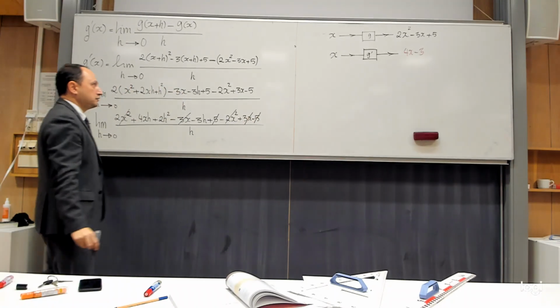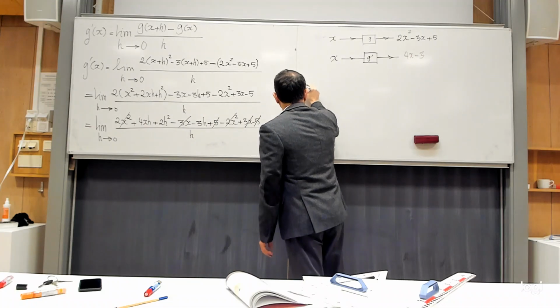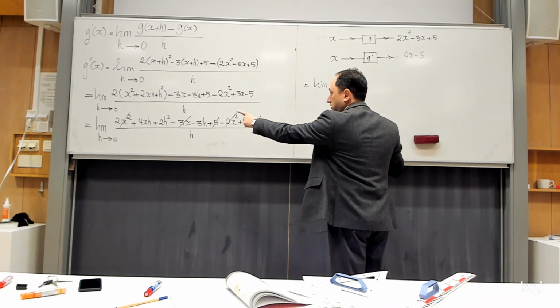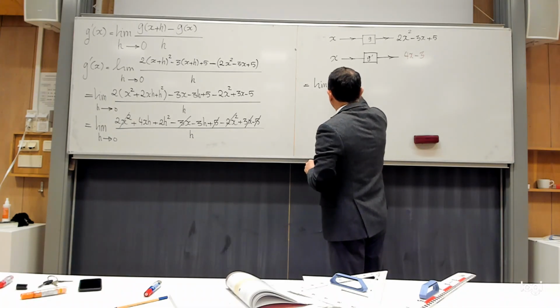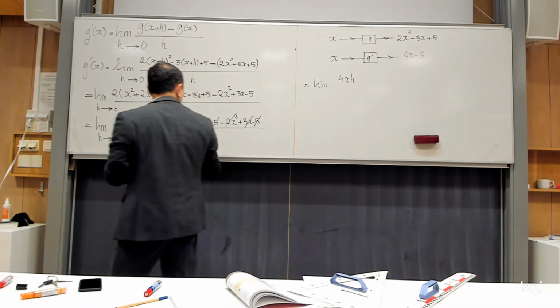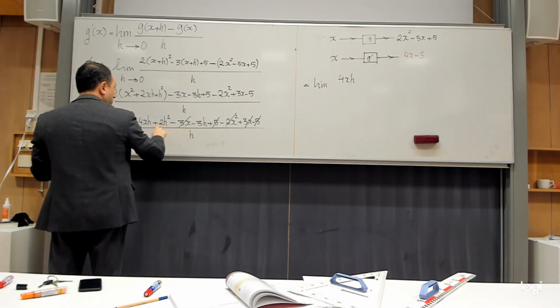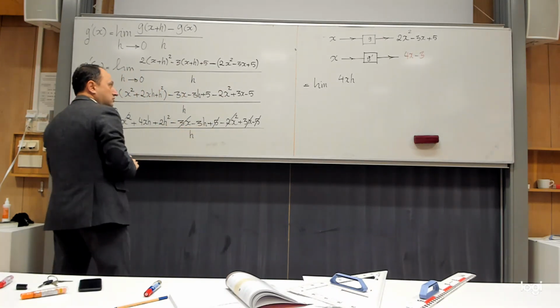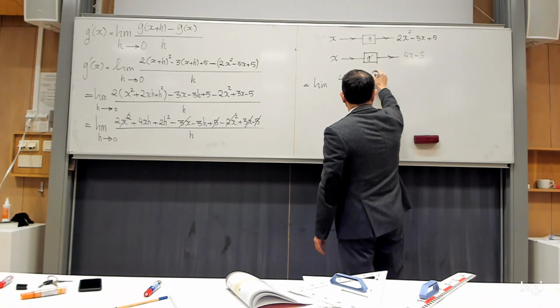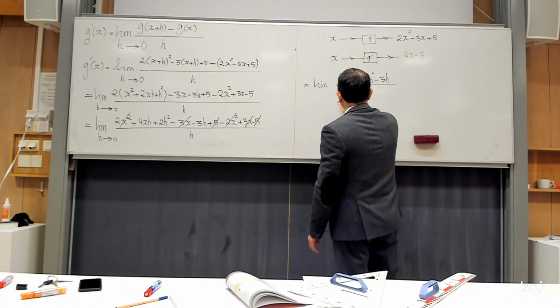So what is left for me? So let me write it here. So this becomes the limit of 4xh. That's it. But what do I have else? 2h squared minus 3h, divided by h, h goes to 0.